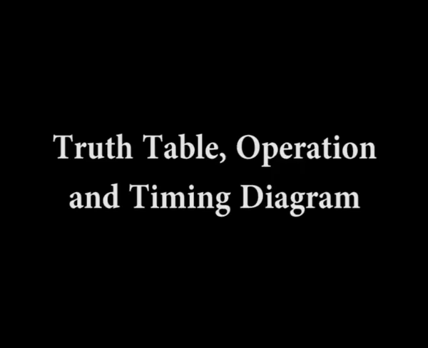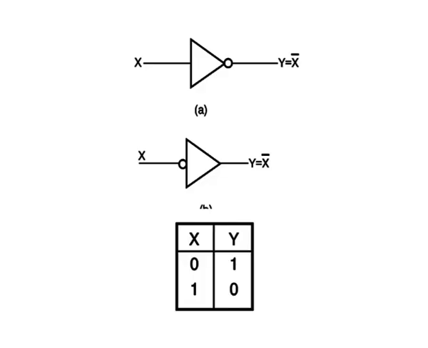Truth table, operation and timing diagram. As shown here, when a high level is applied to an inverter input, a low level will appear on its output. When a low level is applied to its input, a high will appear on its output.